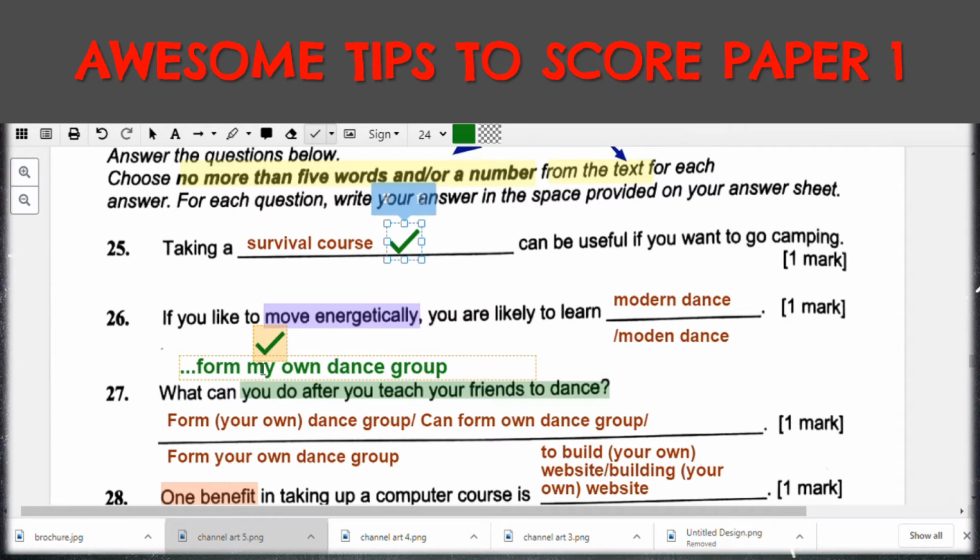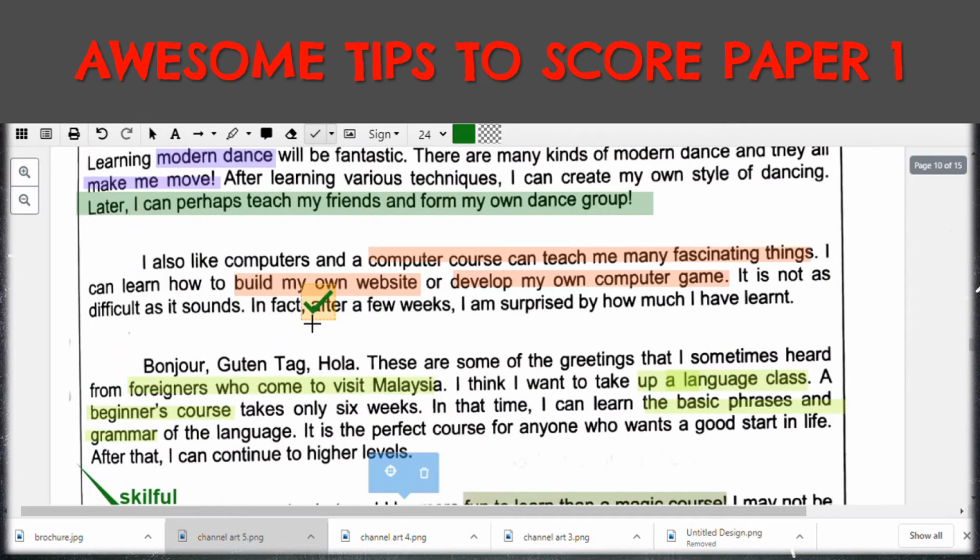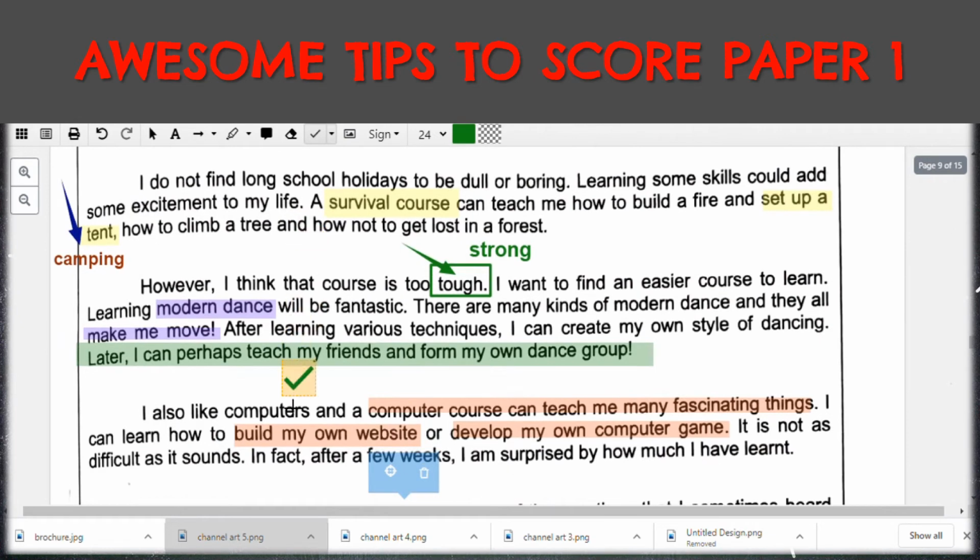Okay, now look here. If you like to move energetically, look out for the keyword move. So you are likely to learn what? Look at the question now. Move energetically. Look out for the keyword move. Learning more than dance will be fantastic.